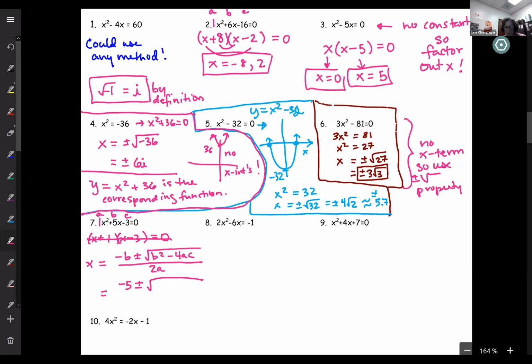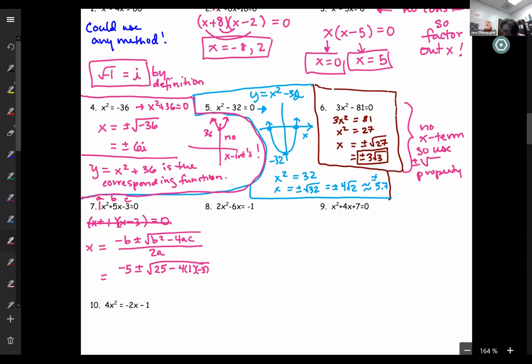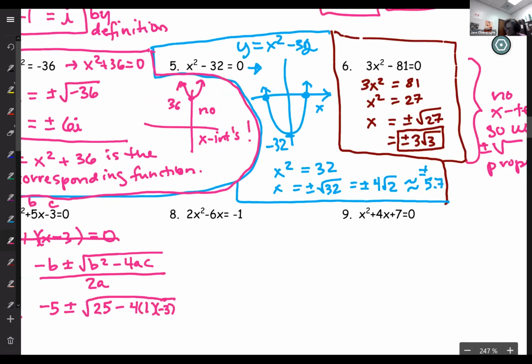b squared, you can usually do that in your head. b squared, 5 squared will be 25. But then 4 times a times c, be really careful with that because you don't want to make a sign error. So 4 times a is 1, c is negative 3. Make this a little bit bigger. Ooh, a lot bigger.